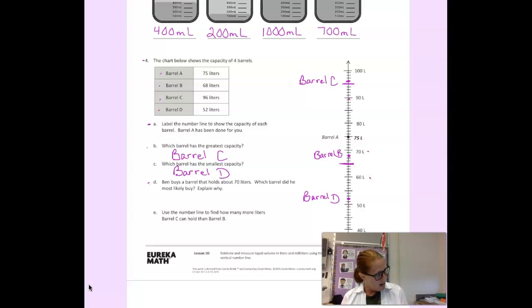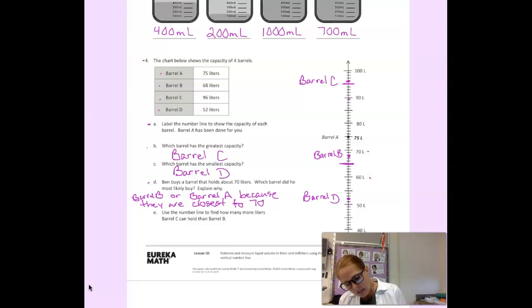I would say barrel B or barrel A, because they are closest to 70 liters. Now, if you were to get barrel B, you would be short. You wouldn't have quite enough capacity to hold 70 liters. So maybe barrel A is the best answer because you're sure that you would have enough for 70 liters.